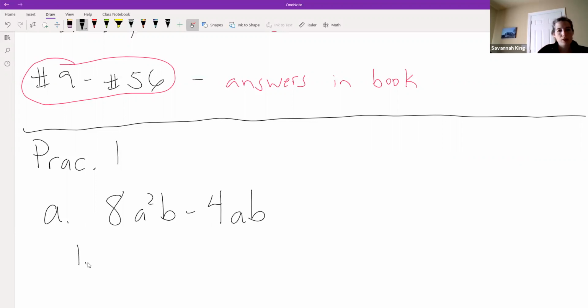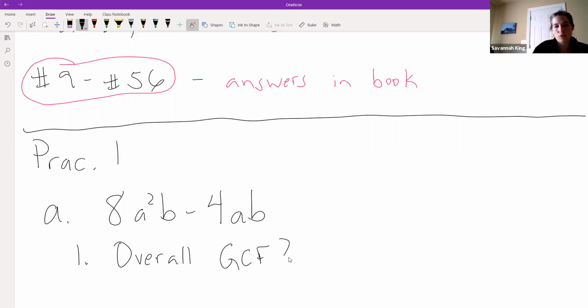So in keeping with the two steps, one small one and one that I subdivided, let's just do a quick review. Overall GCF, do you guys think there is an overall GCF? And if so, are you confident? Do you feel like you know what it is as we ease back into all of this?